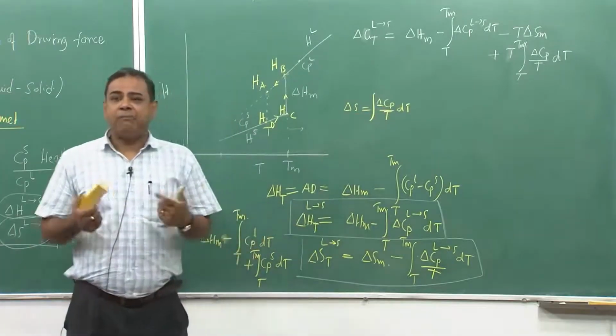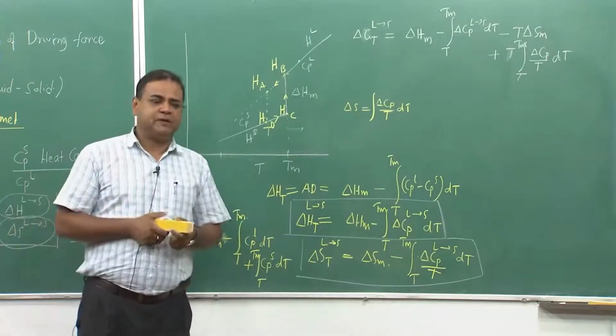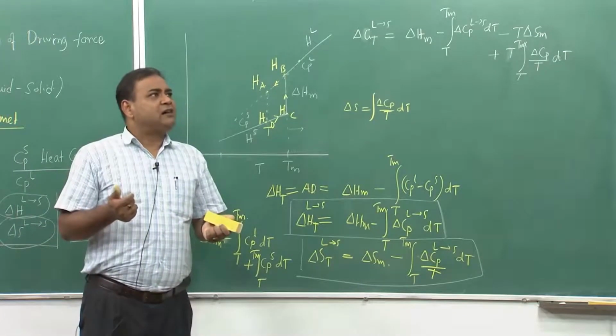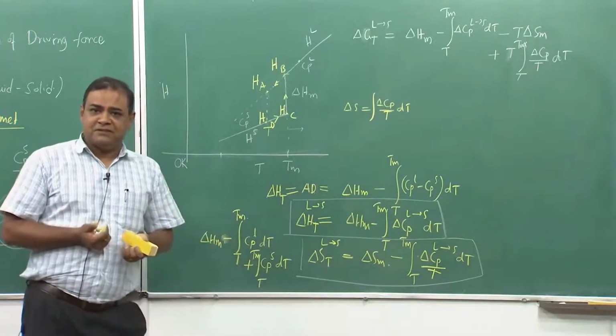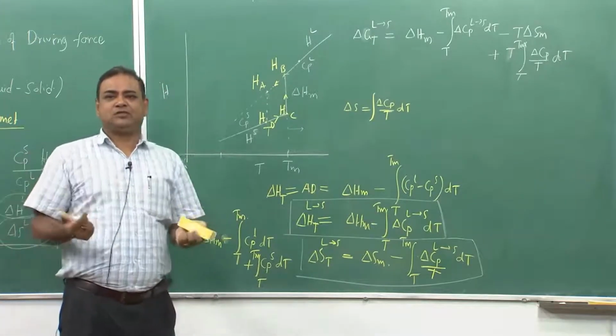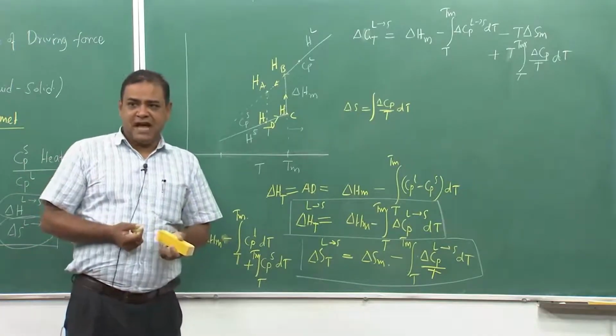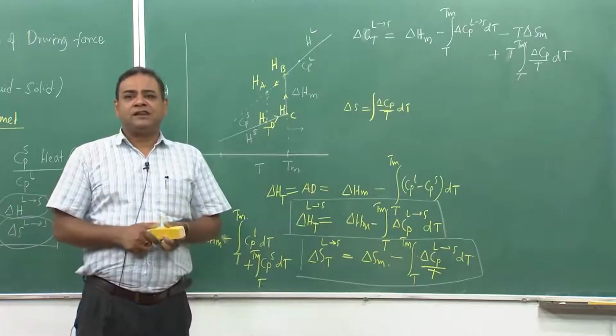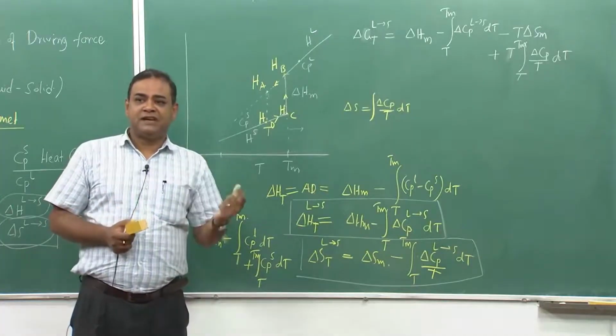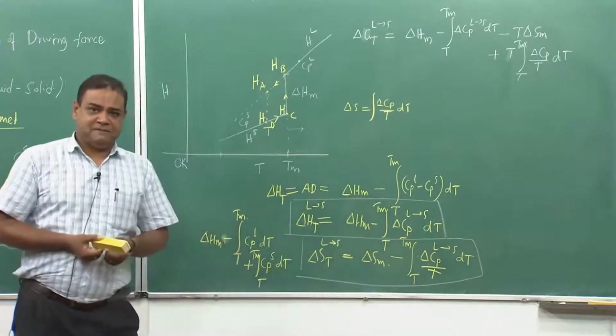But since those experiments would be very expensive as well as very elaborate, before we try to find out Cp, let us see whether we can make a little bit of assumption, which will be a little kind of unjustified assumption.